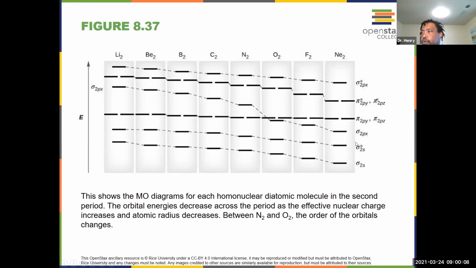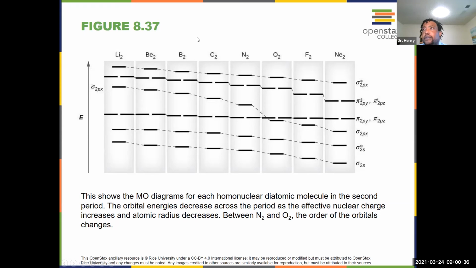So you'll have sigma bonding, sigma anti-bonding, then sigma 2p, pi bonding, pi bonding, pi anti-bonding, pi anti-bonding, and this one is the sigma bond, right?